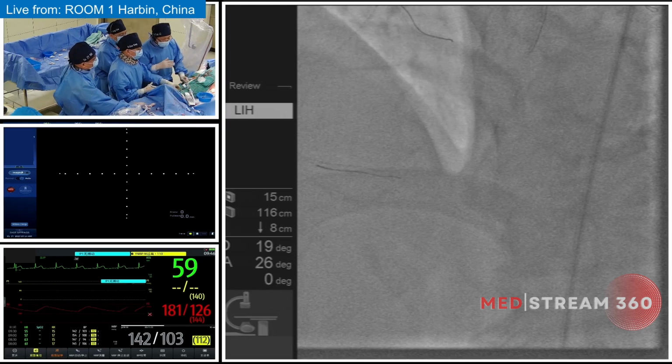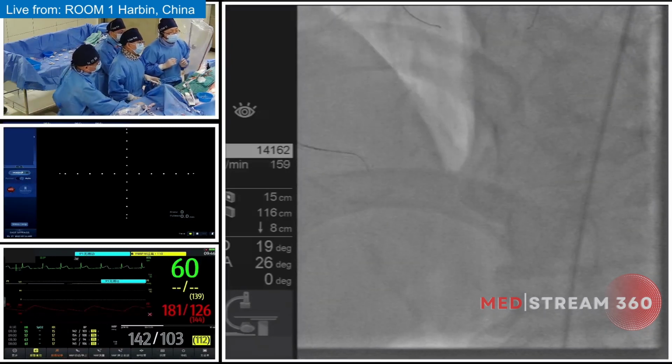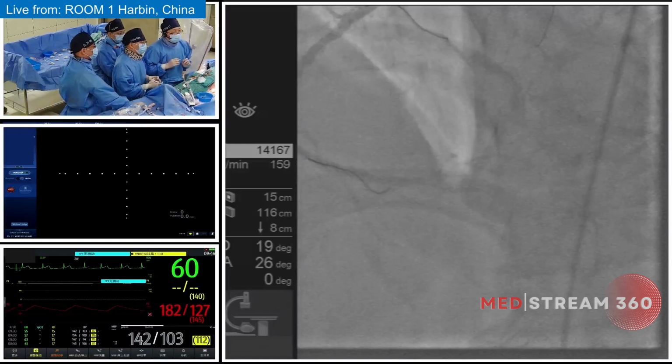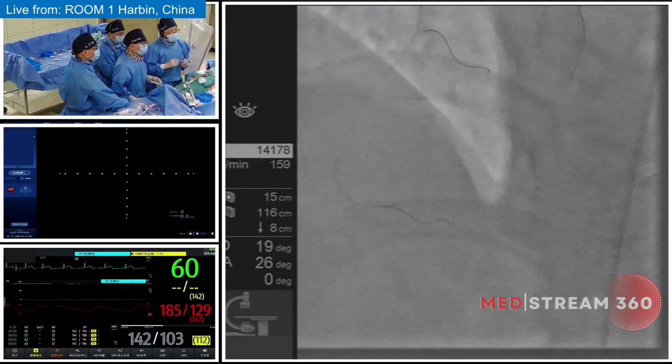So that means if the wire in the vessel architecture does not come to the distal lumen, we could use a balloon to dilate a little bit in the subintimal space.